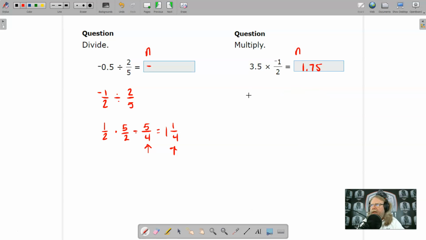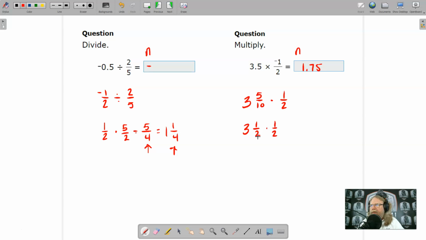Watch this. So let's do 3.5. This is kind of tricky this way, because you have to write it as 3 5/10, right? And multiply that times 1/2. Again, I know it's negative 1/2. I'm just putting that to the side for now. And then I could simplify 5/10 to 3 1/2 times 1/2.